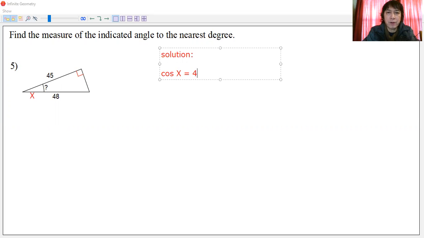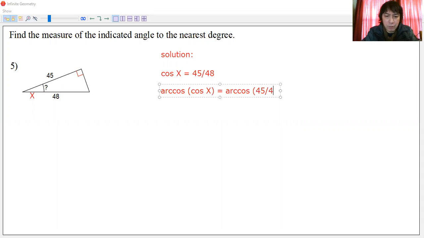This will be 45 over 48. Yes, okay. And then taking the inverse cosine of both sides, this will be inverse cosine of the ratio 45 over 48. So this will now be just X is equal to arc cosine of the ratio.